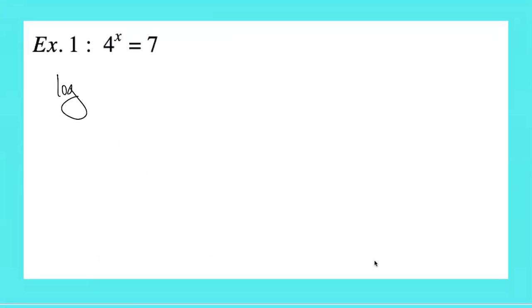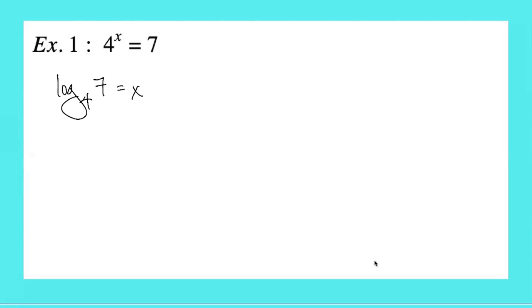What's the base here? The base is the number raised to the power, so 4 is our base. We're doing log base 4 of the number on the other side equals our exponent.